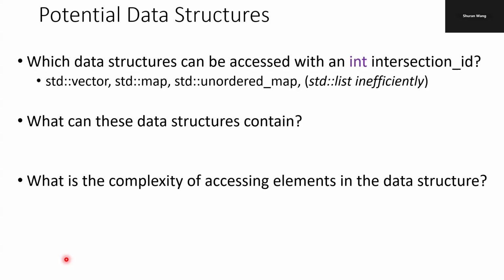With different timing complexities, but all of them. You can use integer index into a vector. You can use integer keys because the keys are templated for the maps. And for the list, it's inefficient, but you still can access with an integer. What can these data structures contain?